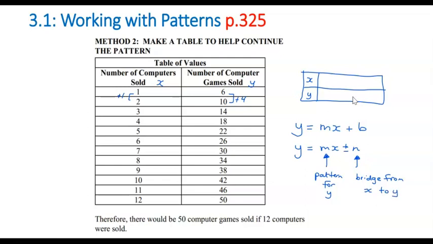If we take a look at this example, we have a +4 pattern all the way through on the y values. So I write my equation as y is equal to, the m becomes the pattern for y, that's a +4, so I write 4, then x, which means 4 multiplied by x.